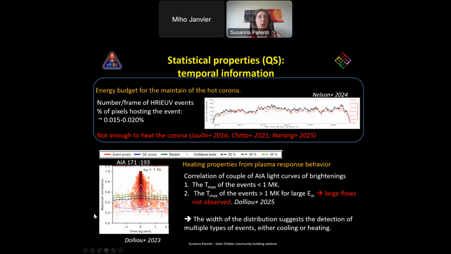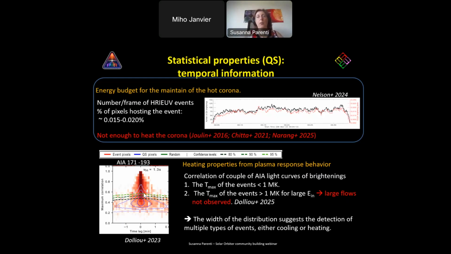What is plotted here as an example is for the 171 and 193 bands in red. So you have all the pixels that have the brightenings, with the maximum correlation and the time lag. The time lag gives you the delay between the peaks in the two light curves from the two bands. And what you see is that this distribution is centered around 0 with a width of about 1 minute.